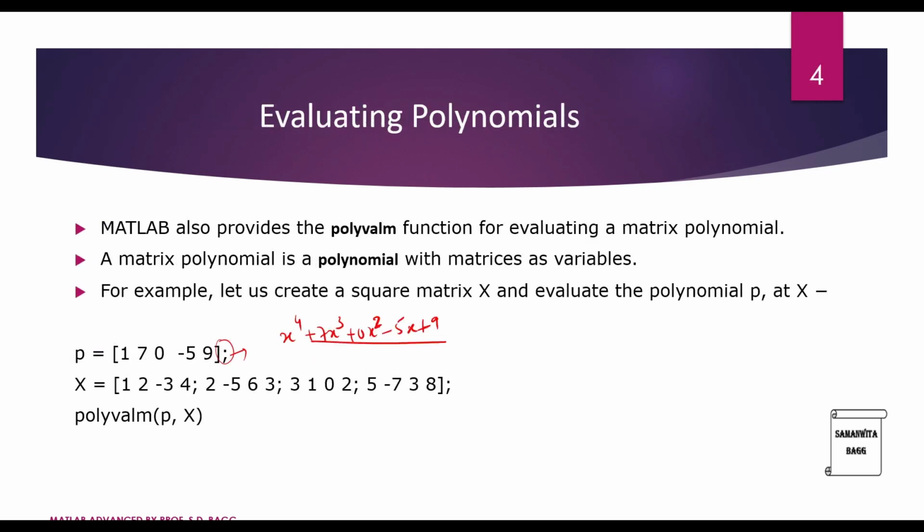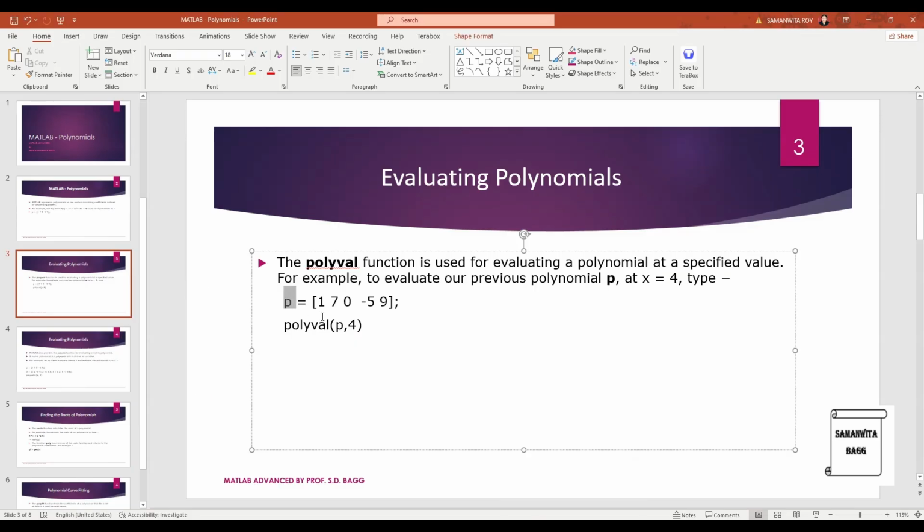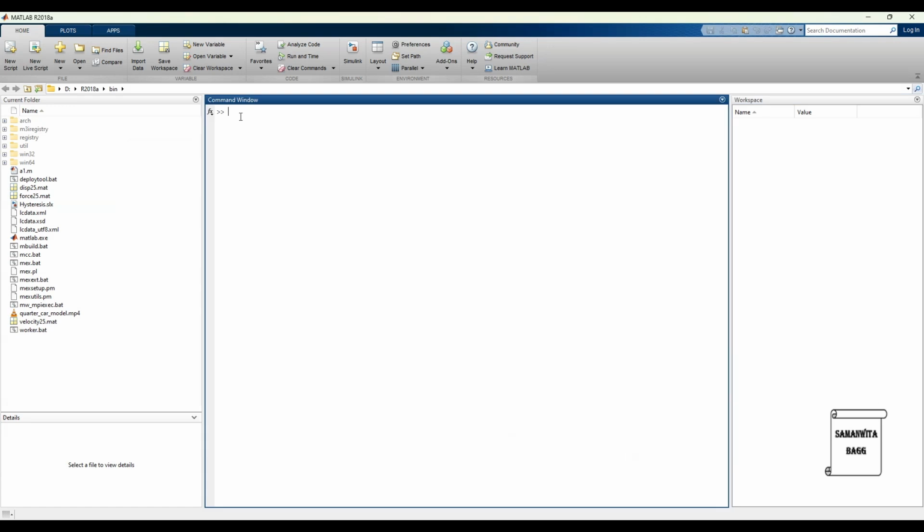So we will see these two in MATLAB first. I'll take this to MATLAB. So here you can see it is calculating the value of this polynomial by substituting x is 4. So when you substitute in that equation and you can calculate by using a calculator, you will get the answer as 693. And if you use MATLAB, this is how you get the value.